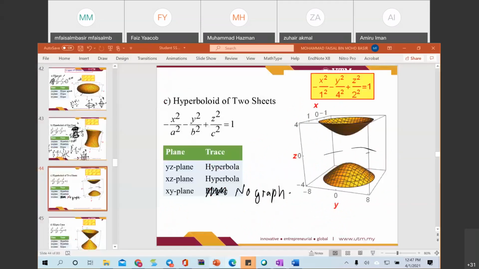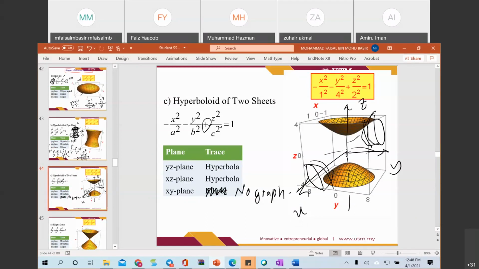Another thing is the trick: if the positive is at z, your hyperbolic two sheets are on the z axis. If the positive is at x, and these both are negative, your hyperbolic two sheets will be here. Okay, can.